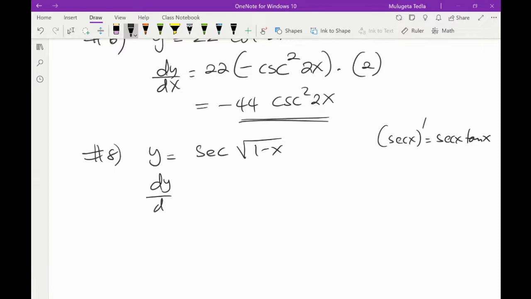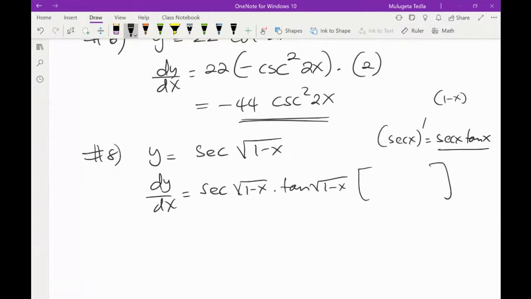So dy by dx would be secant of the angle times tan of the angle, according to this rule, times the derivative of the angle. What is the derivative of the angle? The angle is 1 minus x to the 1/2. What is the derivative of that? Bring the half up front, write the base, take away 1 from the exponent, times the derivative of the inside, which is negative 1. You have to do the details.